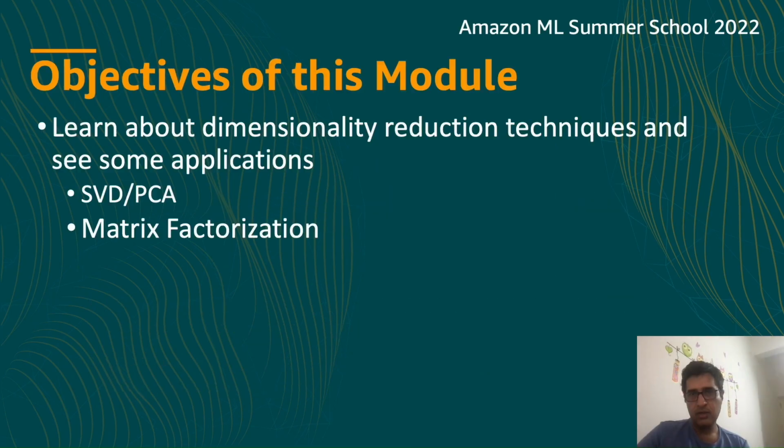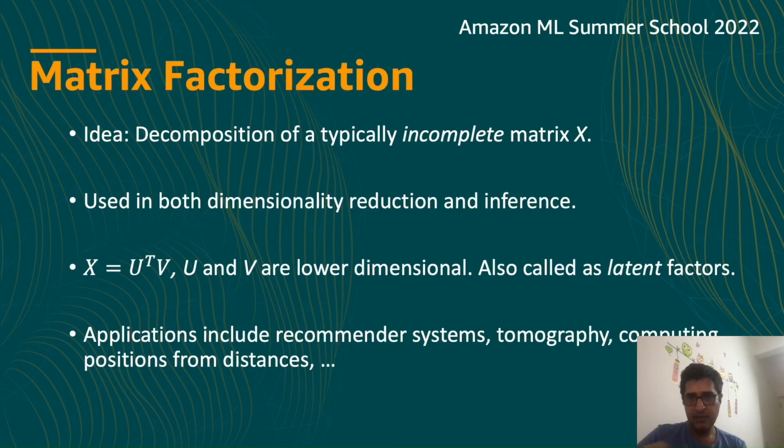Okay, so coming to matrix factorization. Now, matrix factorization is quite a unique specialization of principal component analysis. Matrix factorization takes the idea that let's say you had an incomplete matrix X. Think about it this way: in case you have the problem of recommending movies to users, right?